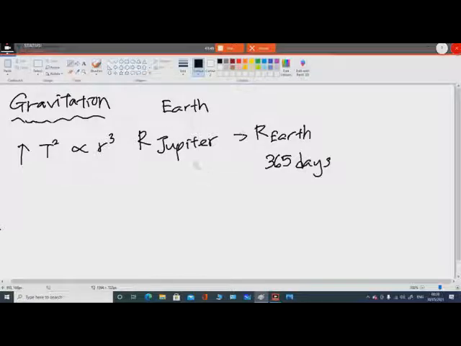As for Jupiter, if it is to orbit one complete circle around the Sun, it needs 12 years to complete one circle. So this is how we explain Kepler's third law.